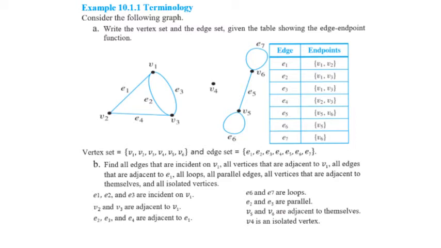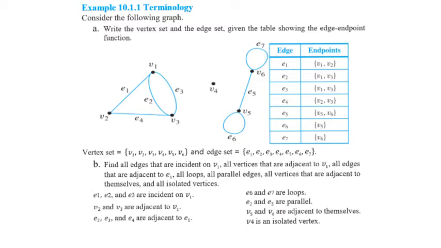And also we have 7 edges: E1, E2, E3, E4, E5, E6, and E7. The question here is, write the vertex set and the edge set given the table showing the edge endpoint function. So the vertex set, as I said before, is the set of all vi's, i from 1 to 6, and the edge set is the set of all ei's, i from 1 to 7.